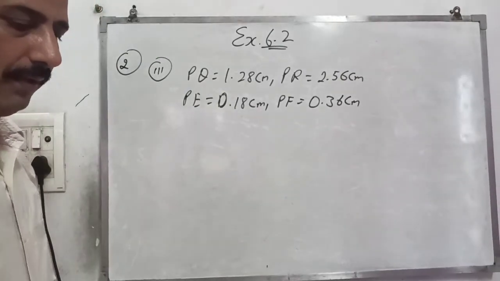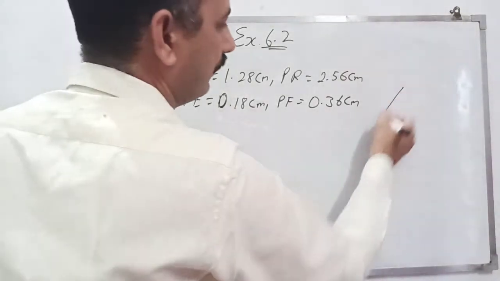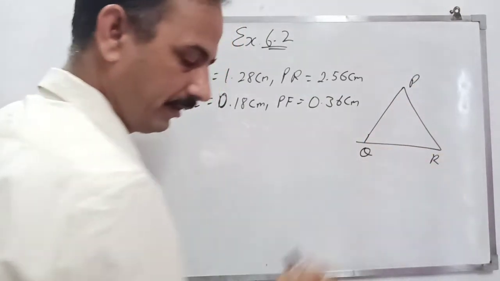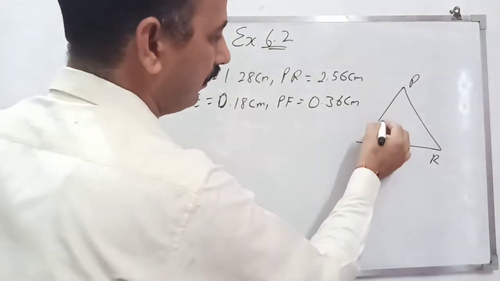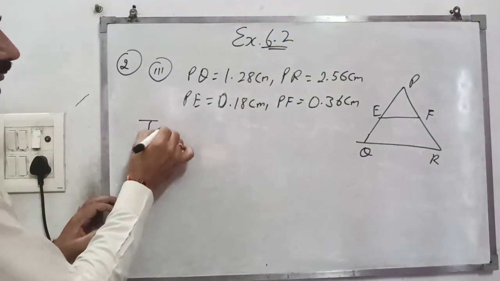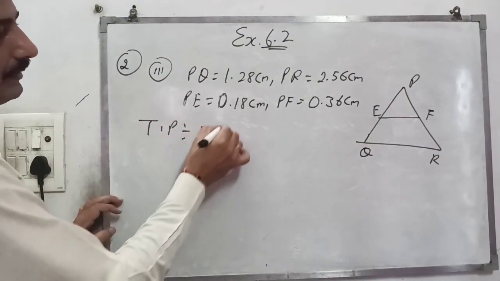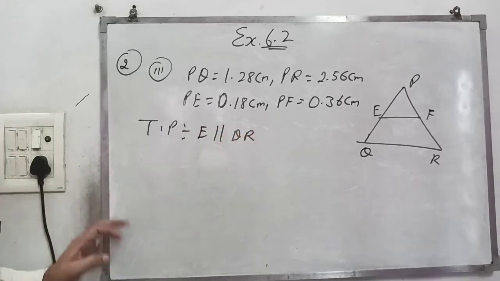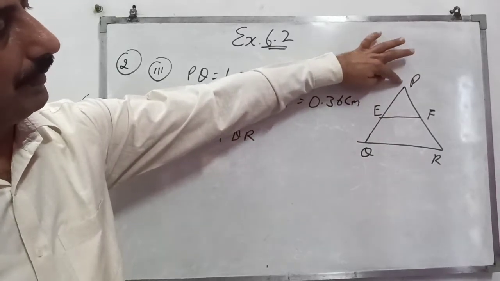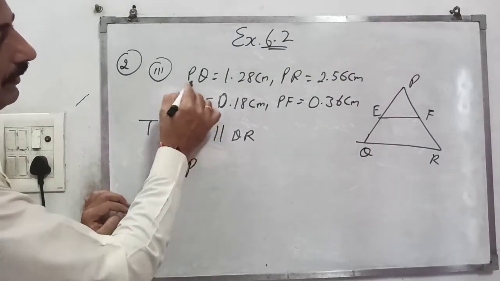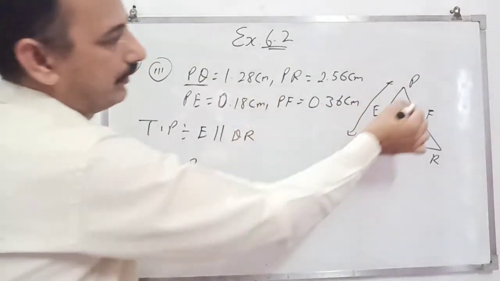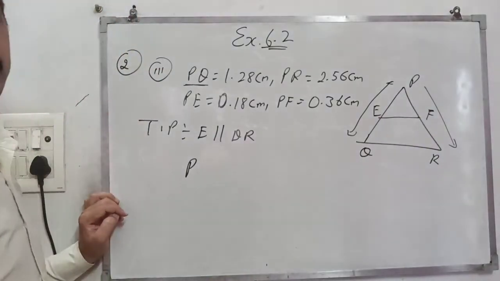So in triangle PQR we have to prove EF is parallel to QR. So we know that by the corollary of BPT theorem, PQ is given, that is the full length, and PR, the full side, is given.